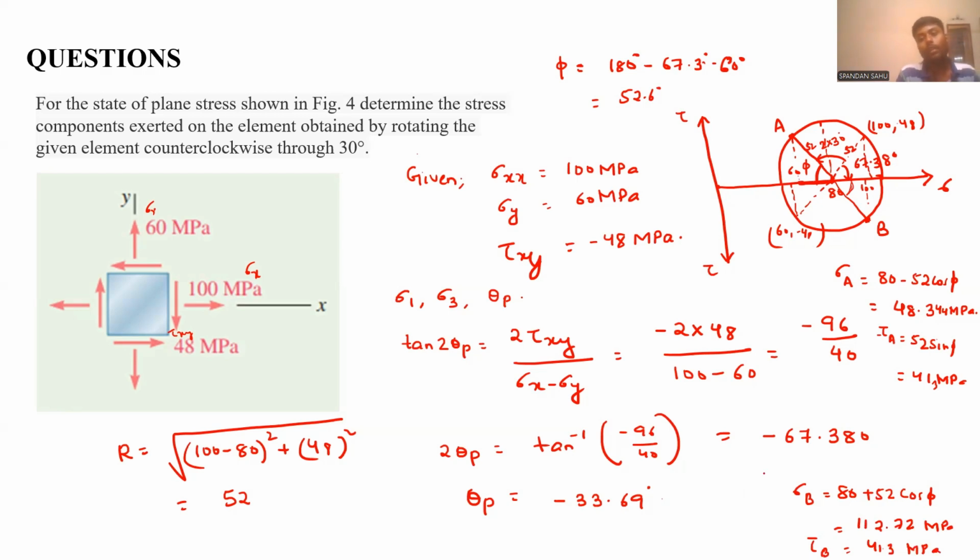So the overall thing we have got is two normal stresses whose values are 48.344 MPa and 112.72 MPa respectively, and if we draw that lamina, it is like this.